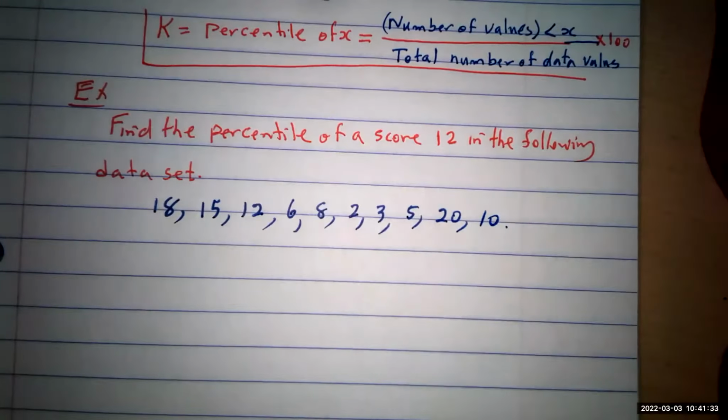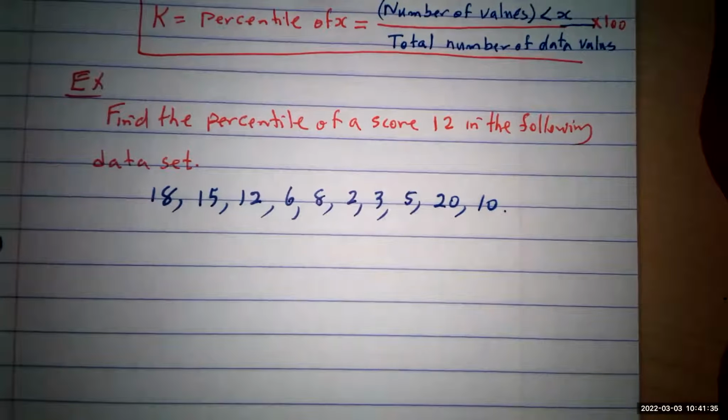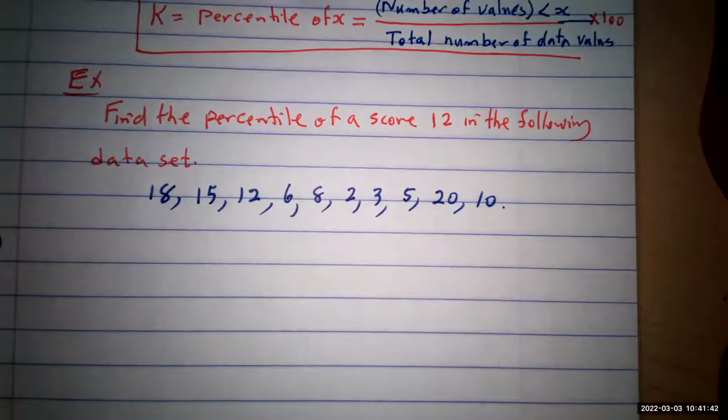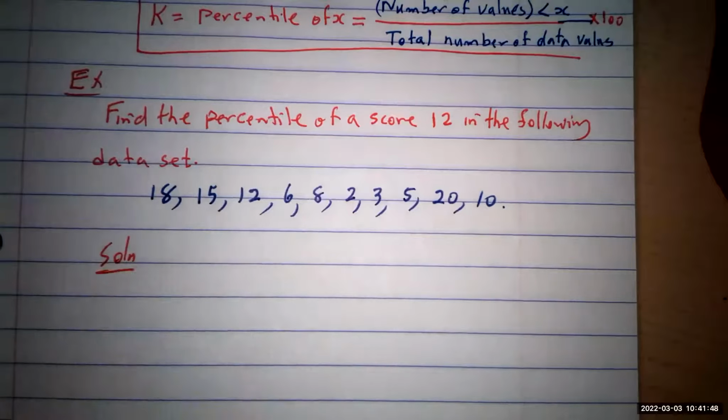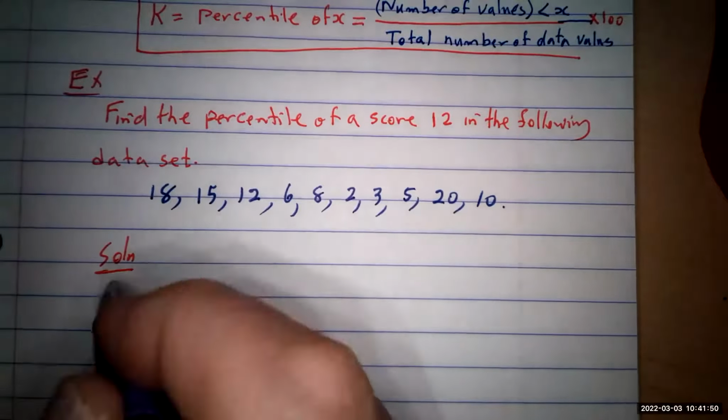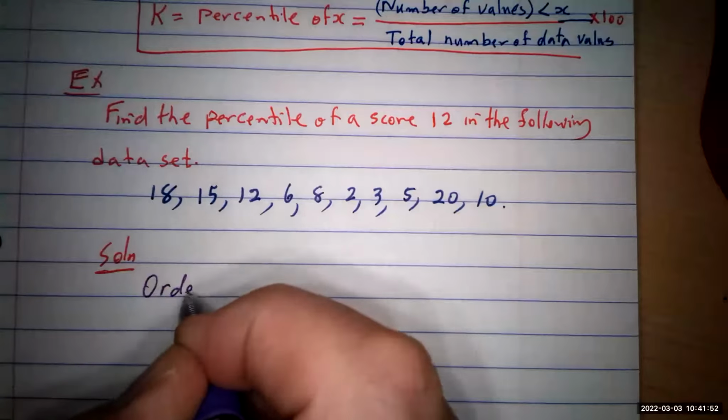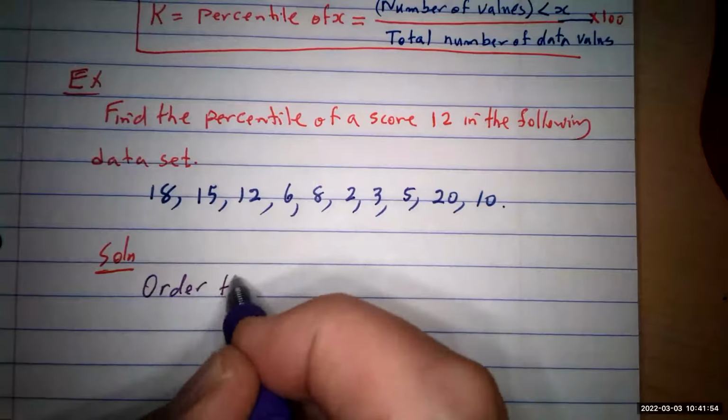So these are the results of the test, and you got 12. You want to know what's going to be your position. First thing to do, you have to order this set from the smaller one to the bigger one. So the solution is going to be, we're going to order the data set.